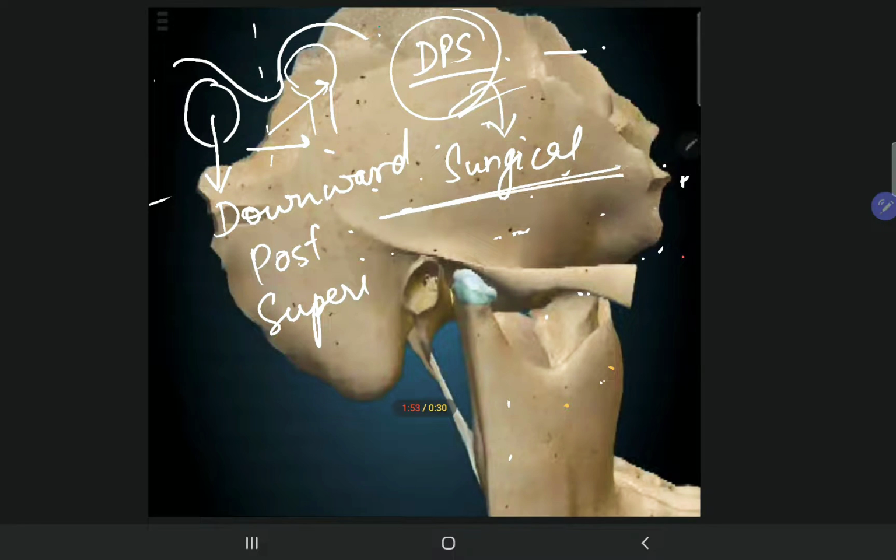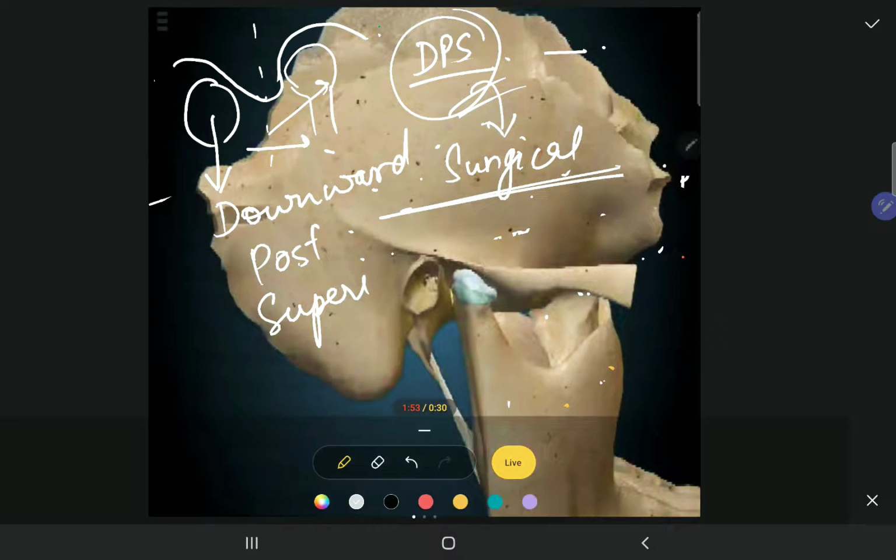In the surgical, what you can do is, you can decrease this translatory action. How can you do this? By formation of fibrosis. You can initiate the fibrosis, you can produce some inflammation in the capsule area so that there is less translatory action.